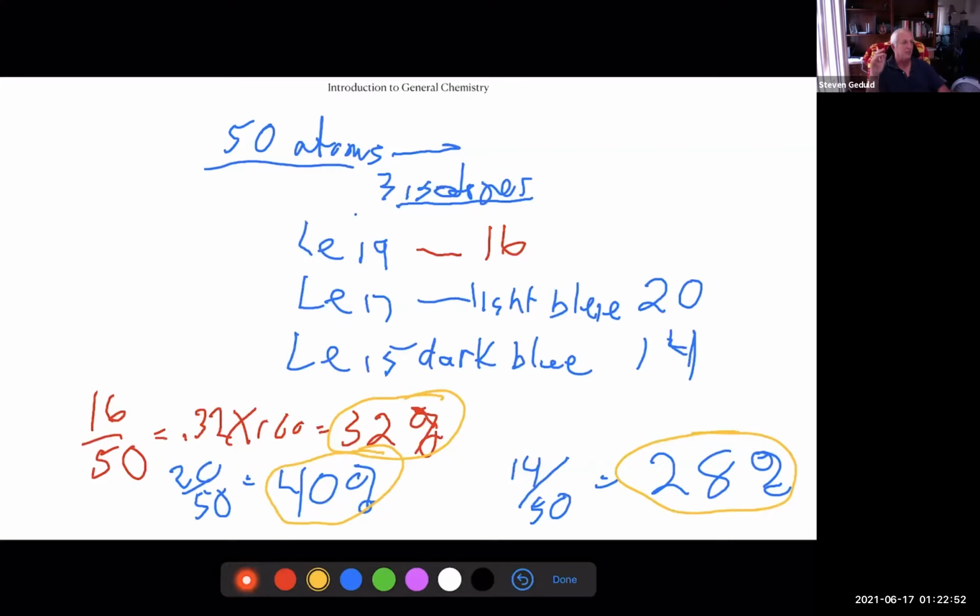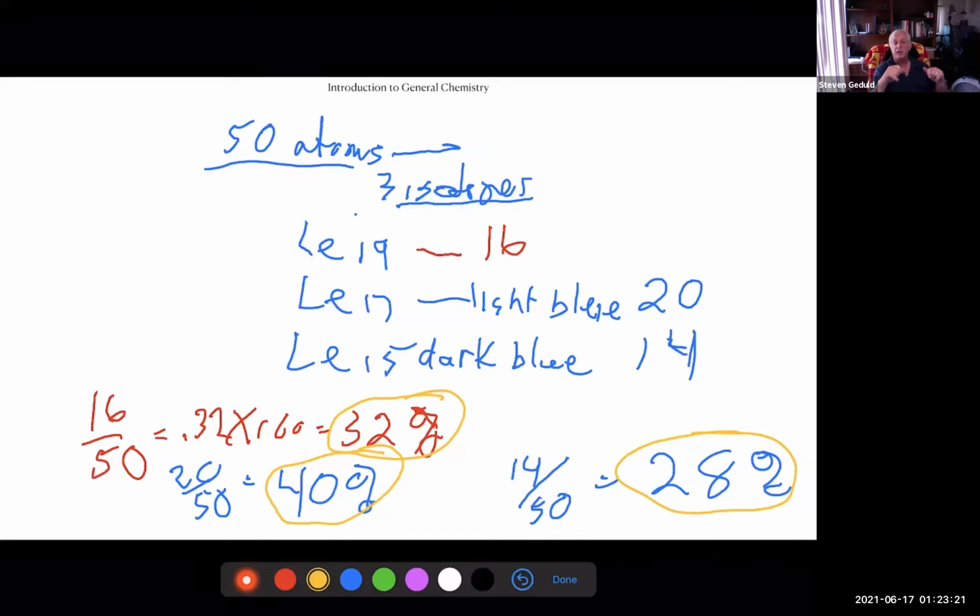You'll see there's a number on top of every element. That's the number of protons in the element. You look at the bottom, you'll see there's a decimal number. Like if you look at chlorine, you see 35.45, or oxygen, 15.999, or carbon, 12.011. Those are your average atomic masses.